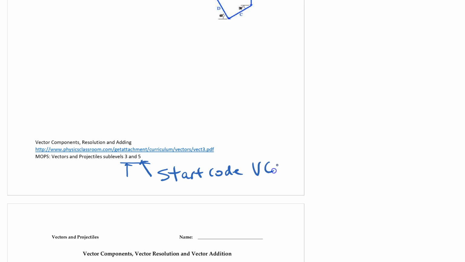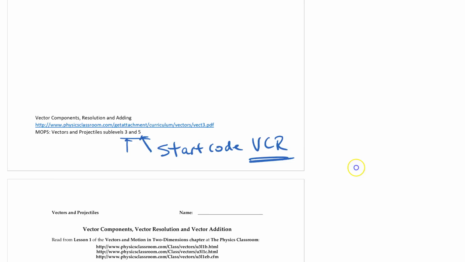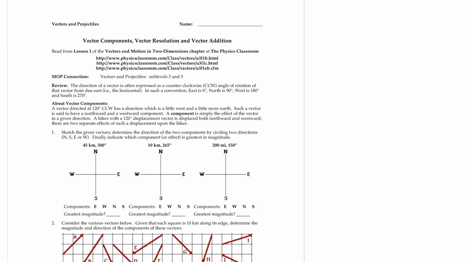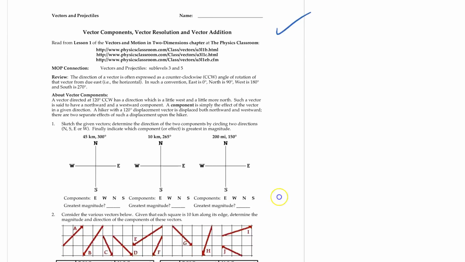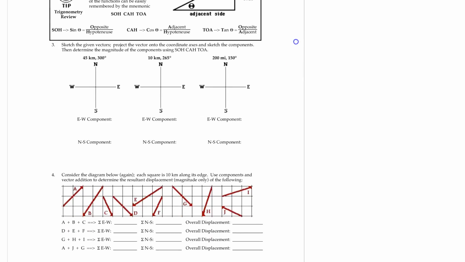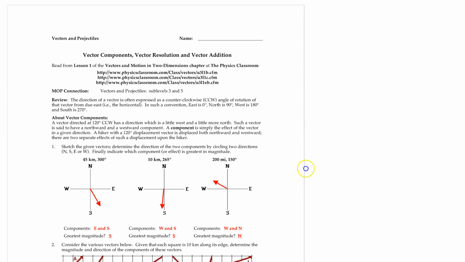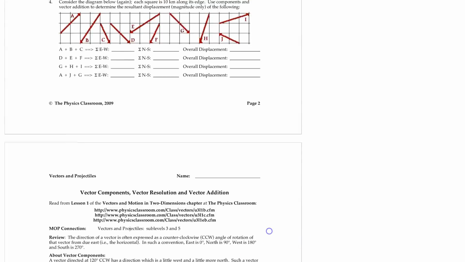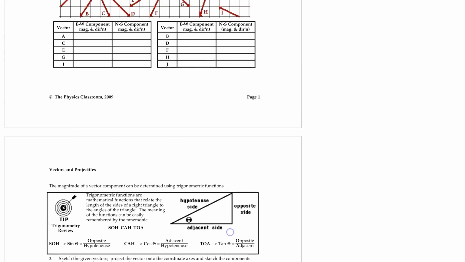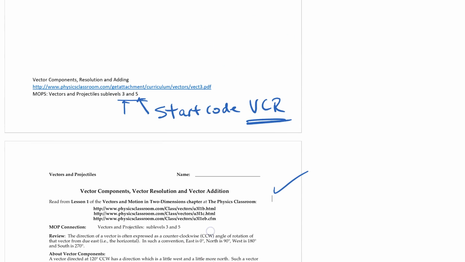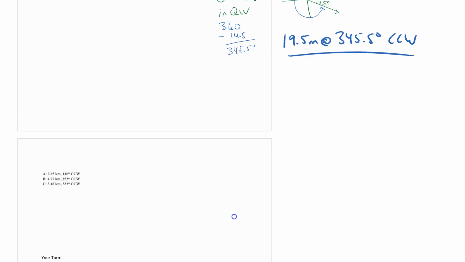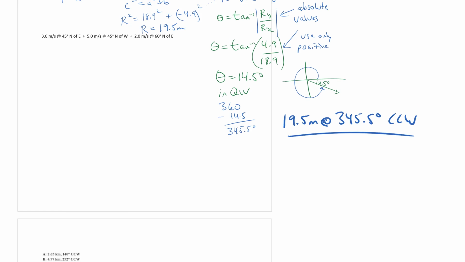You can use VCR, and I think I actually put that into the sheet for you to track things. So two things. You can start off by doing these worksheets, and there are answers to go after that, and then you can do the Minds On Physics sublevels 3 if you haven't done it yet, and 5. That's probably a good place for you to do next.